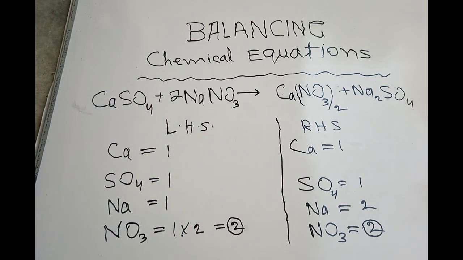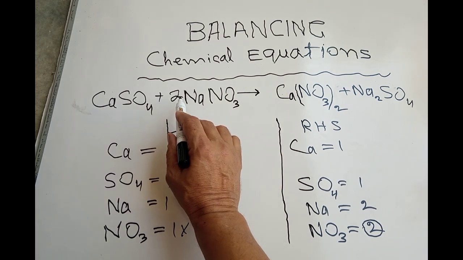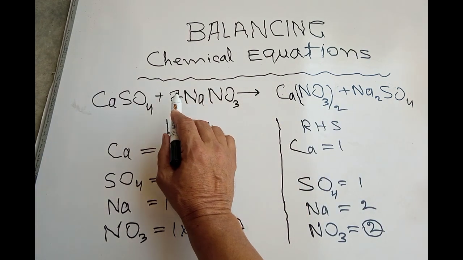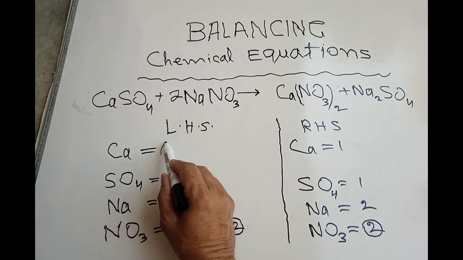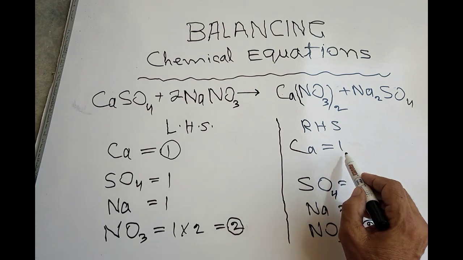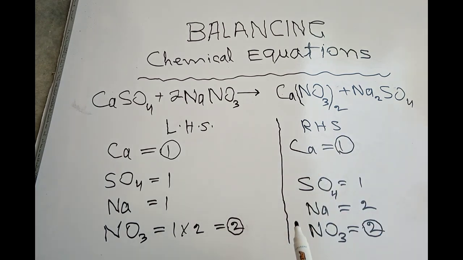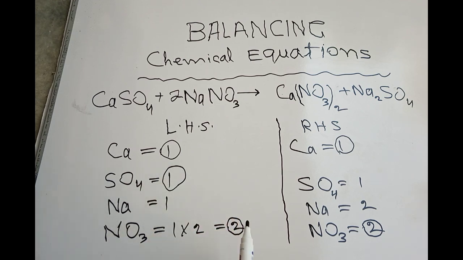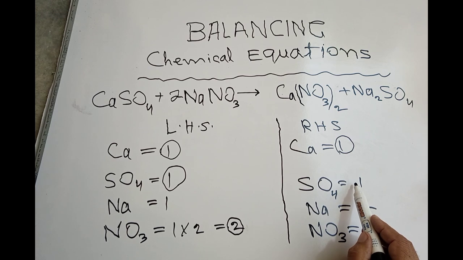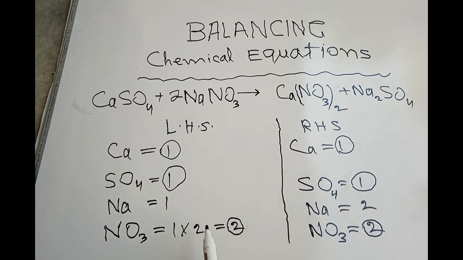So now NO3 became equal on both sides, but this affected Na as we have 2 Na. Now we have Ca 1 on the left hand side as well as on the right hand side. This is balanced. We have SO4 1 on the left hand side and also on the right hand side it is 1.